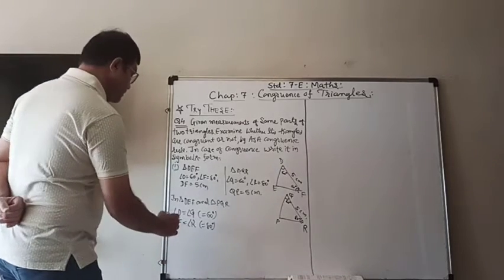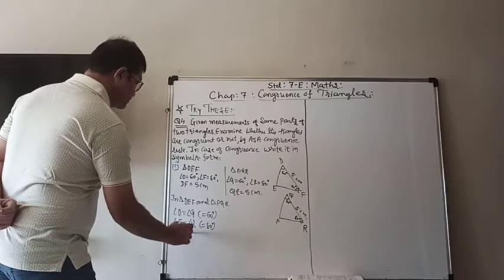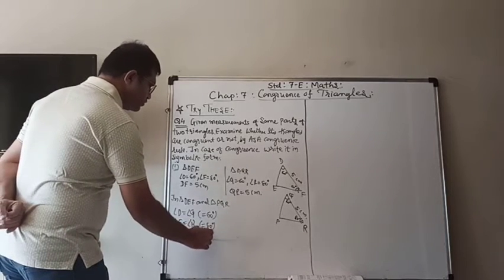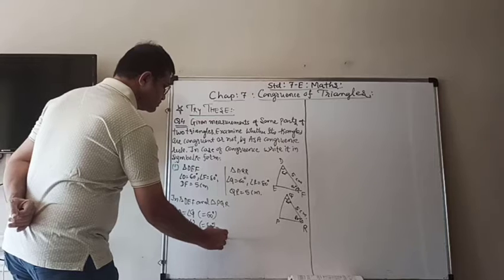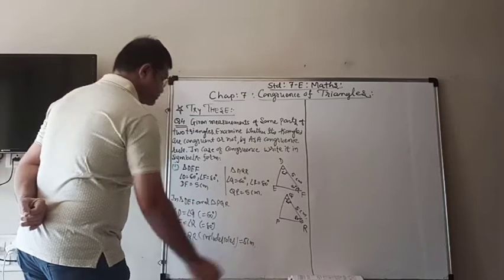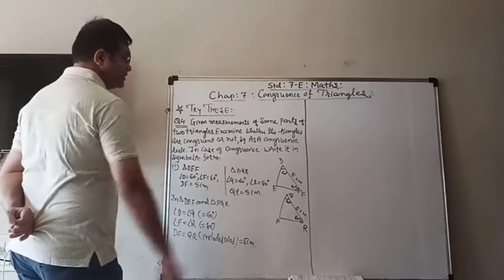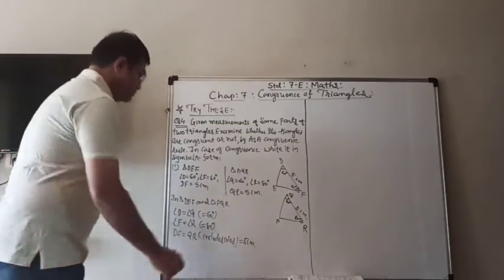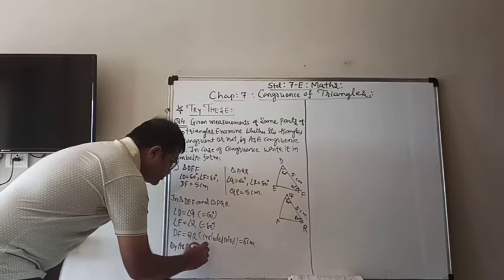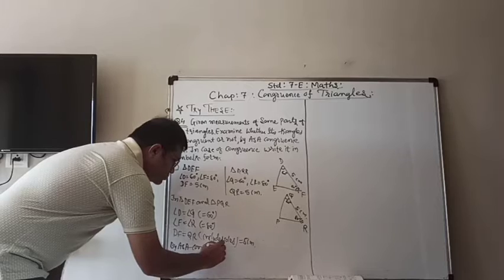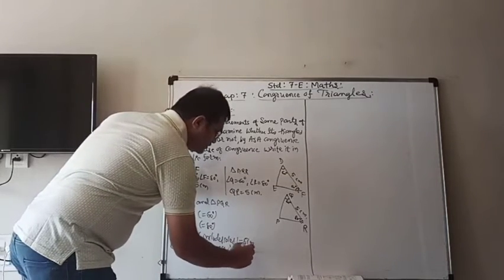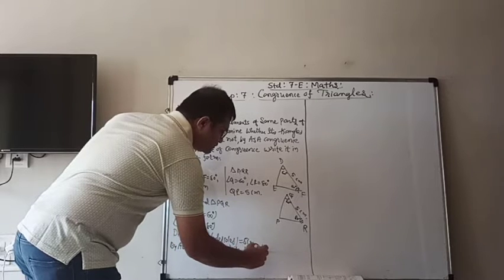And DF is equal to QR. They are the included sides, which is equal to 5 centimeter. Therefore, we can say that by ASA congruence rule, triangles are congruent.